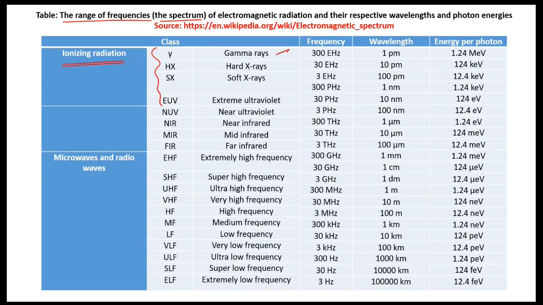We have gamma rays, then hard X-rays, then soft X-rays, and then extreme ultraviolet rays. These electromagnetic radiations are called ionizing radiations. Now, why are they called ionizing radiations?